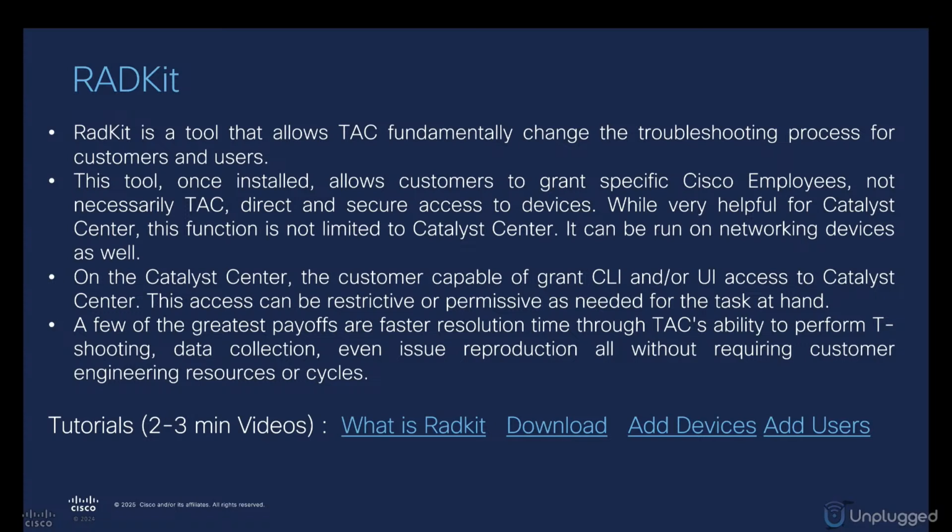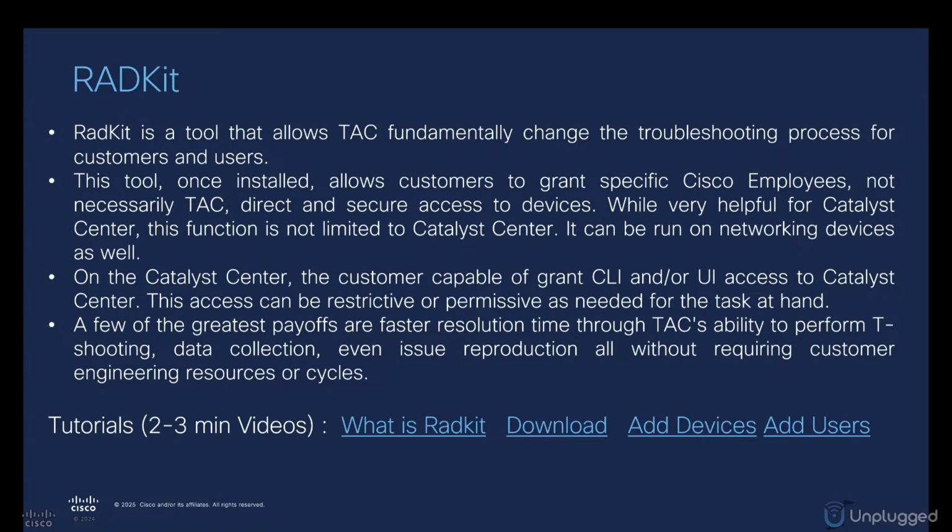Just FYI, this is not limited to Catalyst Center. You can grant access to controllers, switches, anything that is Cisco. So if you have, for example, a lab device and Catalyst Center not working together, give us access to both, and we can effectively take it from there. You can grant both CLI and UI access to Catalyst Center, but that is only possible on 2.3.7 and higher.